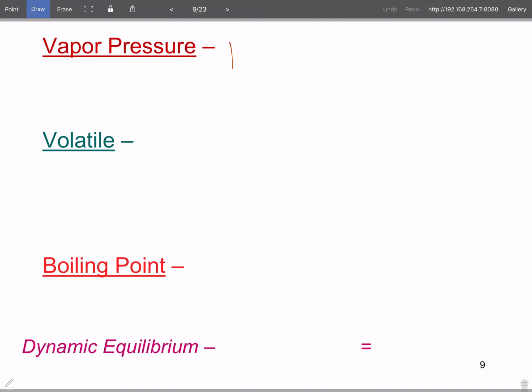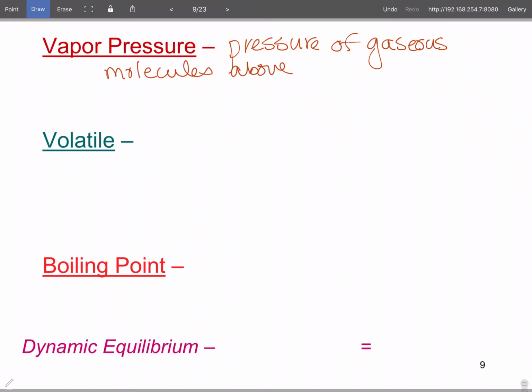Well, vapor pressure is the pressure of the gaseous molecules above a liquid. Okay? So if you think about it, vapor pressure is just how much of the liquid particles have moved to the gas state.